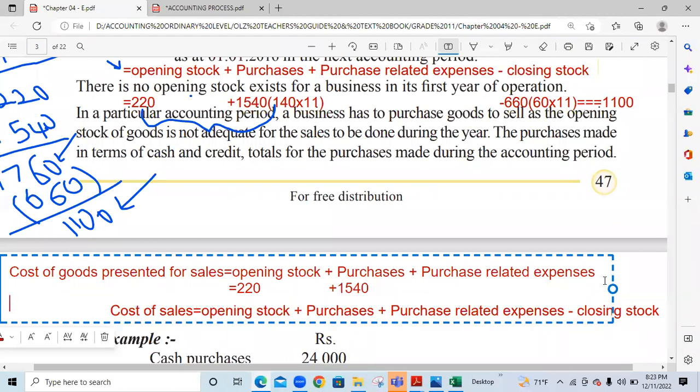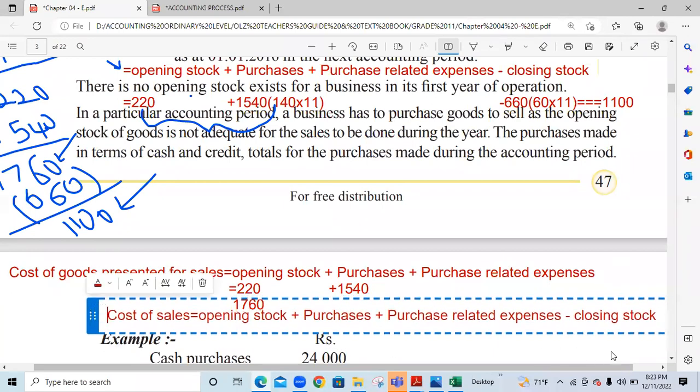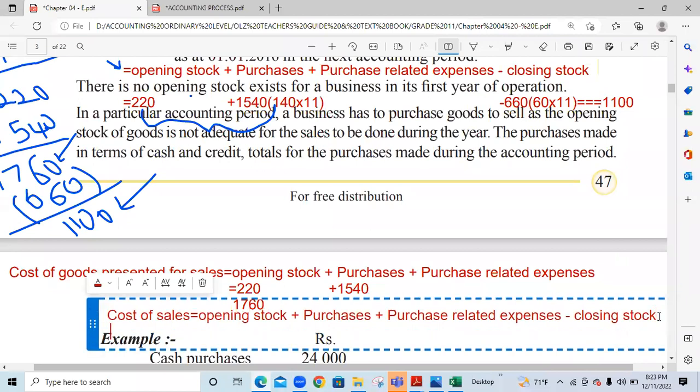The cost of goods you presented for sale was 1,760 in my previous example. But how much worth of goods did the customer actually buy? But guys, the customer didn't buy 660 worth of goods.